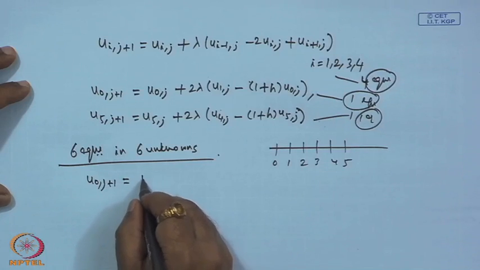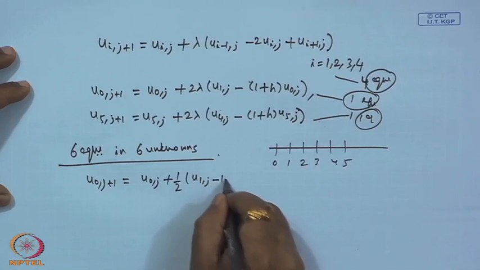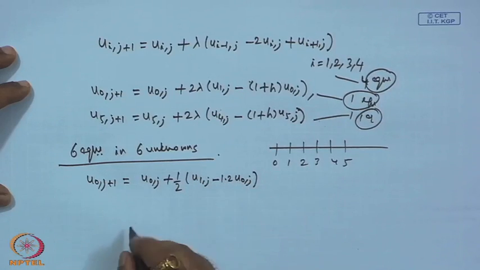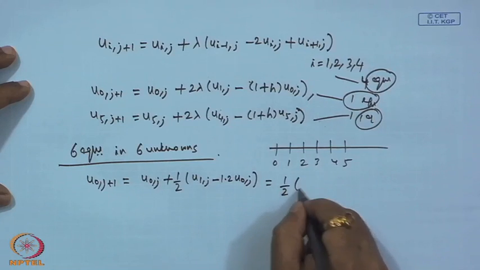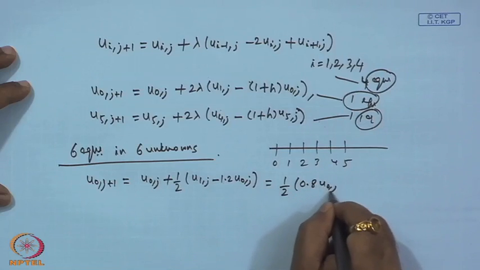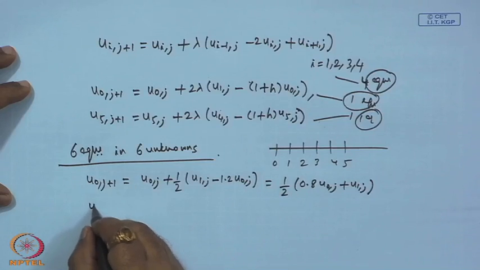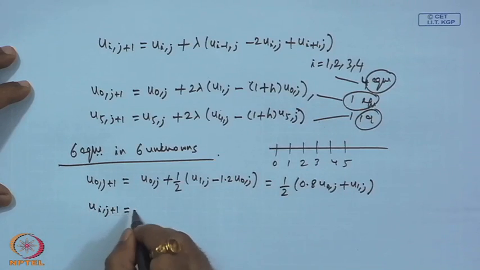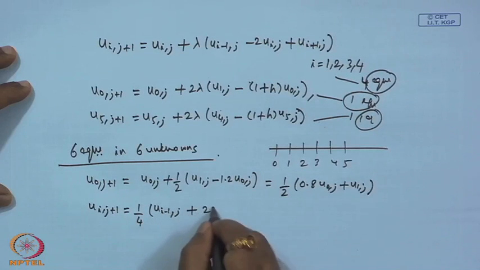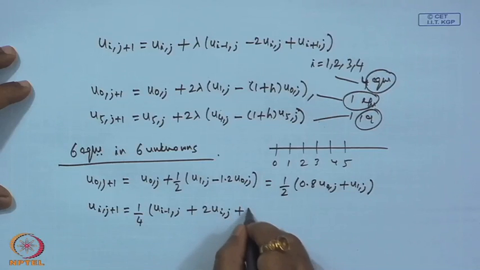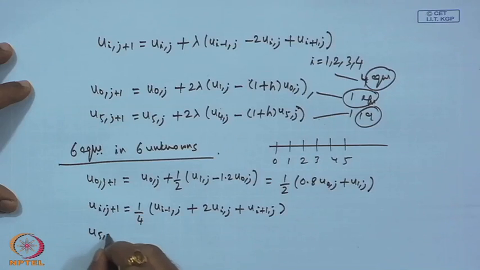Okay. So, we can compute for the current case, we can compute, so this is going to be some value and this u i j plus 1 and u 5 j plus 1.